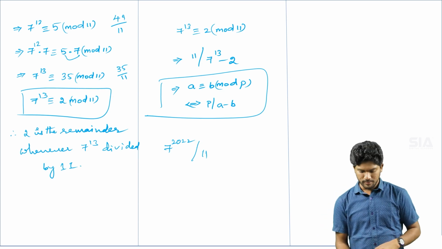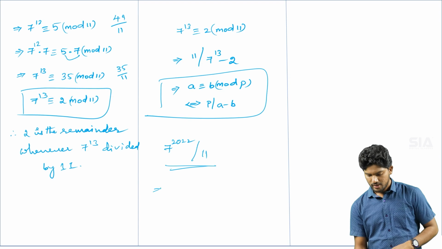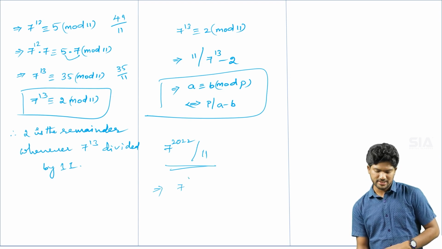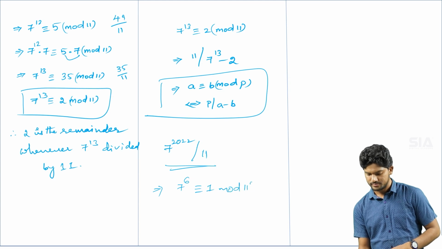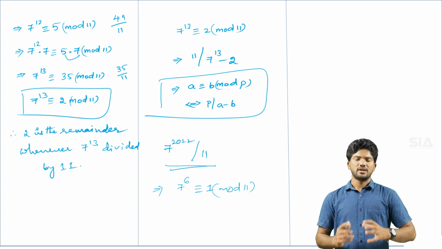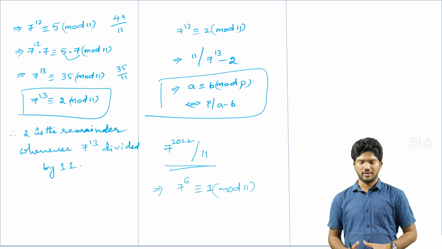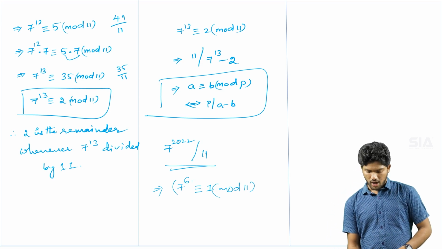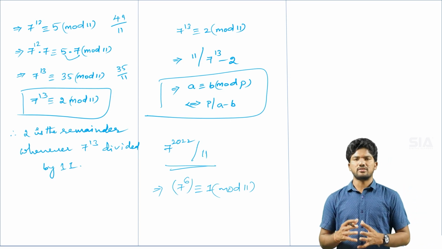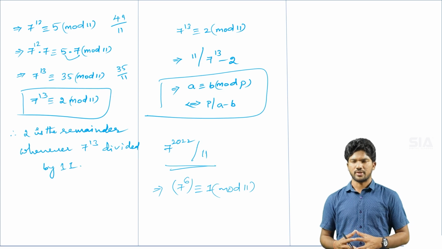For example, for 7^6 you will get the remainder equal to 1 modulo 11. So at 7^6, if you get the remainder 1 at modulo 11, then how much do you have to multiply to get 2022 from 6?